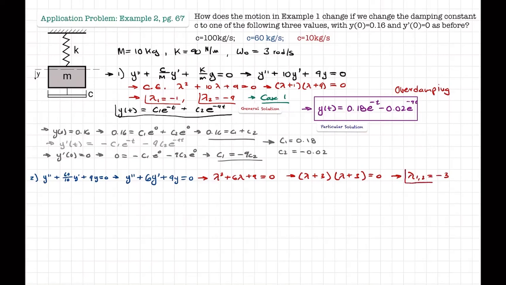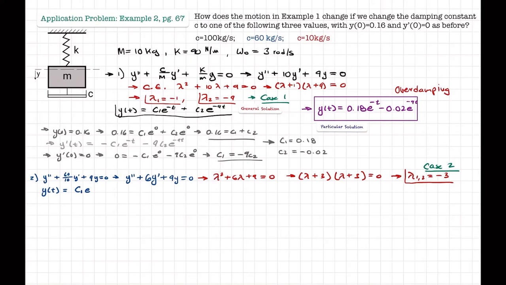Both roots are the same, so this is case number 2: two real roots that are the same. When that happens, my solution will be y of t equals c1 e to the negative 3t.